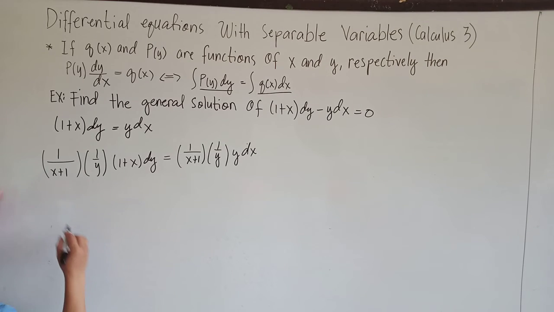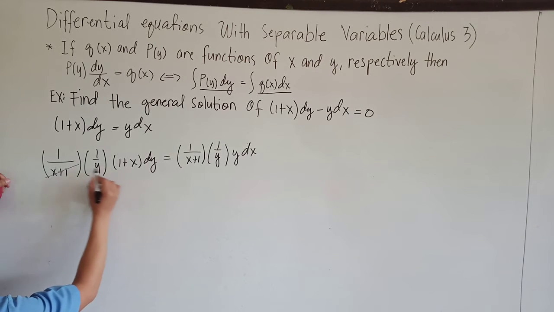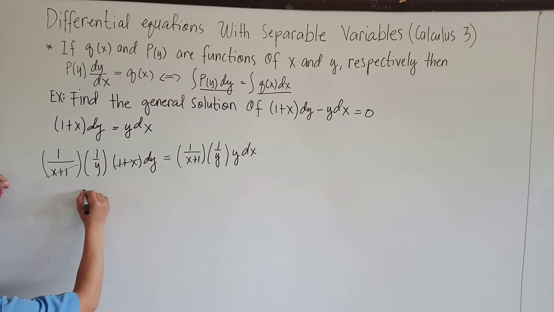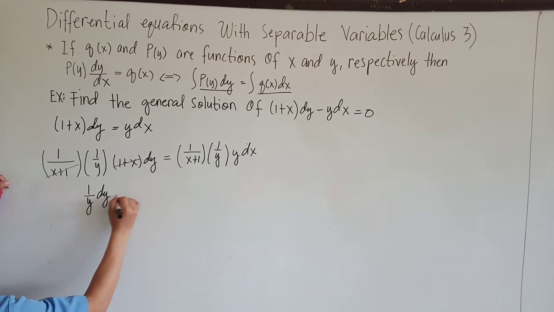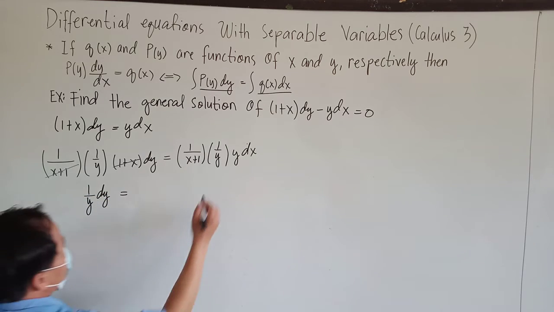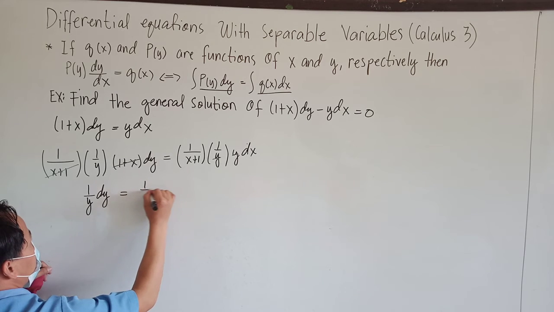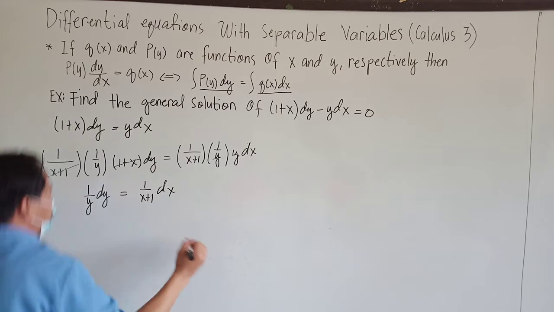Then simplify. This will become cancelled out. The remaining is 1 times 1 over y. 1 over y dy is equivalent to, this will be cancelled out, so the remaining is 1 over x plus 1 dx.